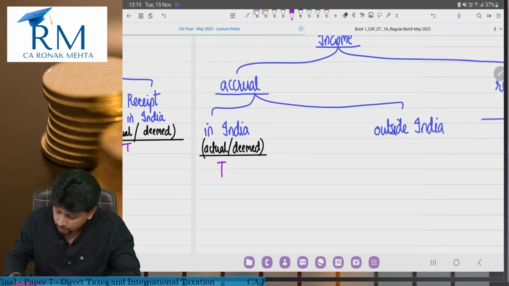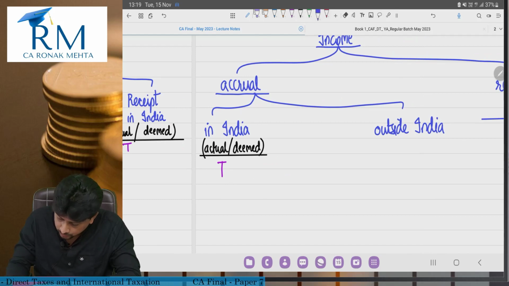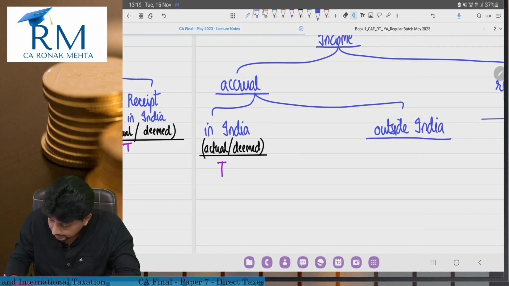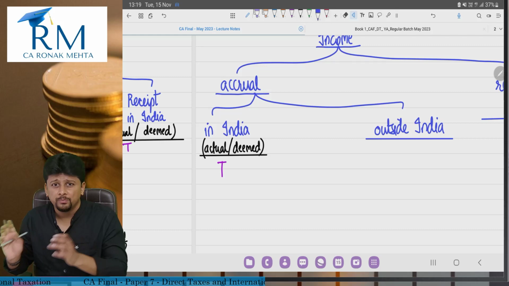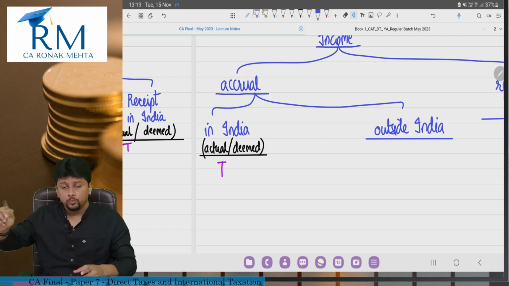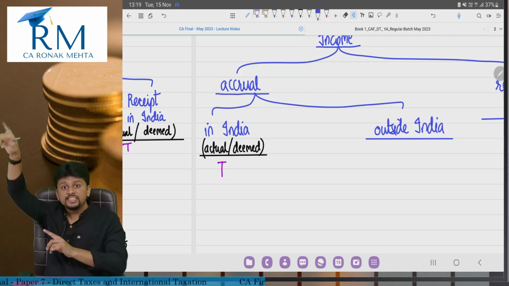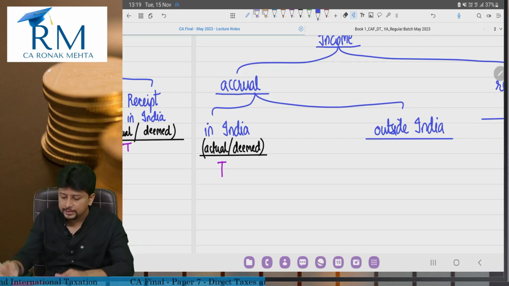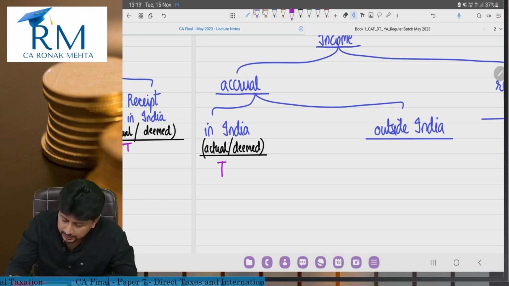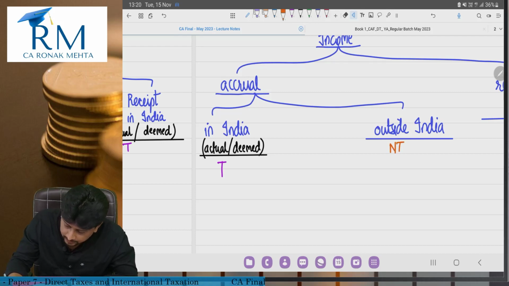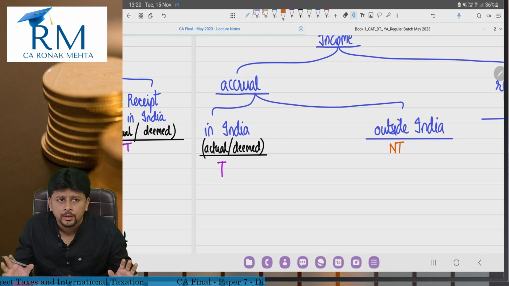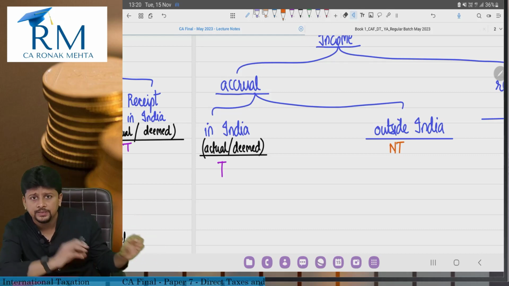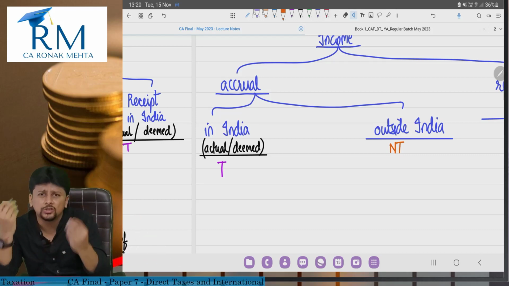And when you talk about income which is accruing outside India, PGBP, non-PGBP, all of that was because there was point C in subsection 1. Here there is no point C. So here whether it is PGBP income or non-PGBP income does not matter. It's not taxable. So business control in India, business setup in India does not matter.